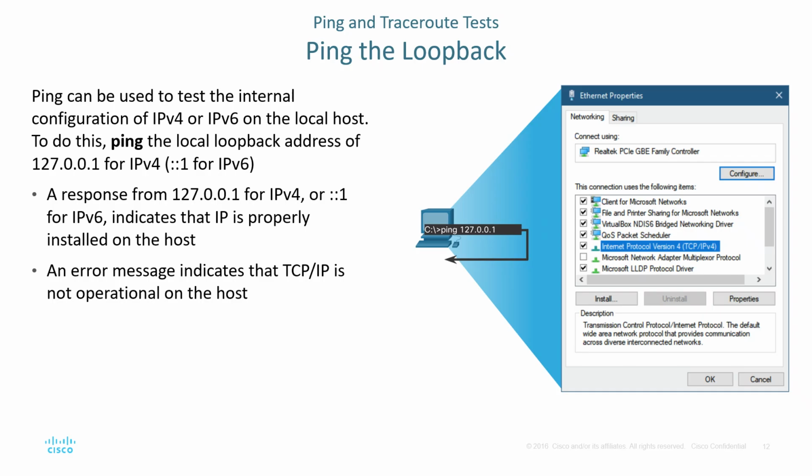This should always be your first test in troubleshooting. Always take yourself out of the dynamic first. Now, if you get an error message, that's going to indicate that your own TCP/IP stack is not operational, and this is where you start your troubleshooting.